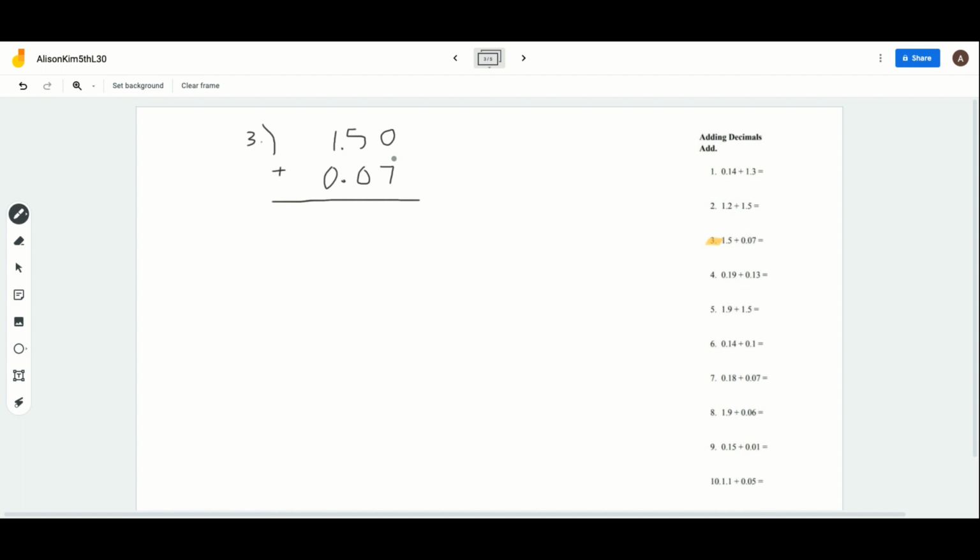So we get 0 plus 7, which is a 7, 5 plus 0, which is just 5, and then we bring down the decimal, and then we do 1 plus 0, which is 1. So our final answer will be 1.57. So basically, adding decimals is really easy. You just need to make sure that the decimals line up with one another.